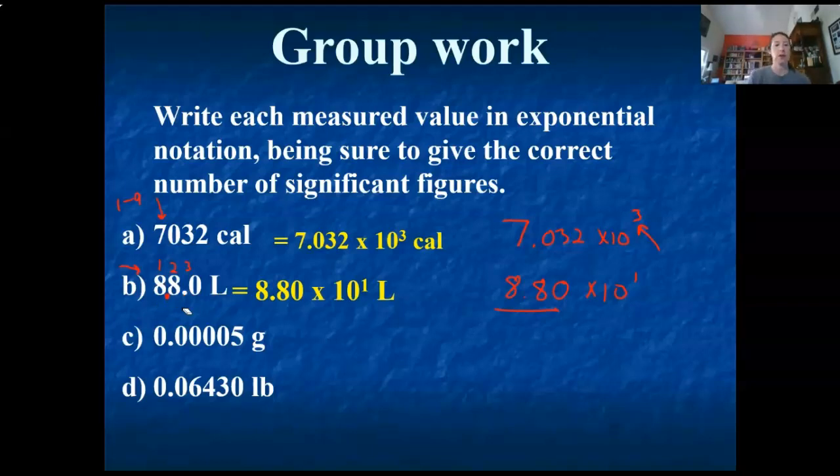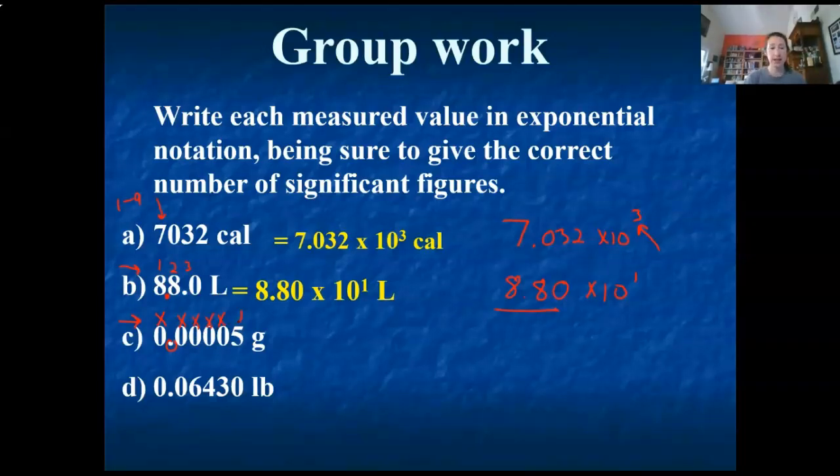Again, starting from the decimal place if it is present, we start from the Pacific side, starting with the first non-zero number. Well, this is a 0, doesn't count, doesn't count, doesn't count, doesn't count, doesn't count, 1. This has 1 significant figure.